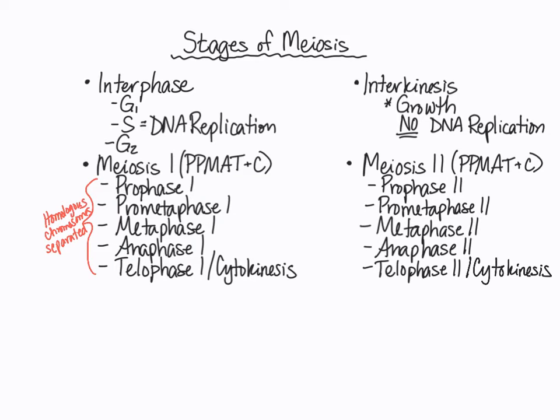During Meiosis II, during these stages, the sister chromatids are going to separate. And if we were to compare meiosis to mitosis, interphase is similar to mitosis, and Meiosis II is similar to mitosis.